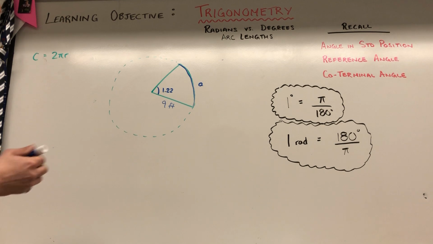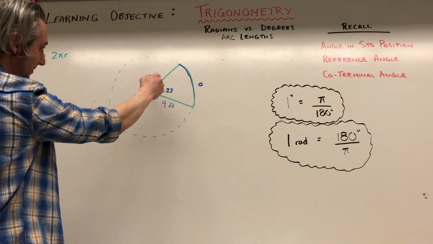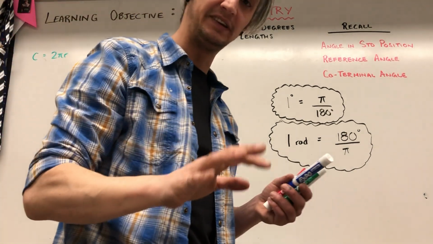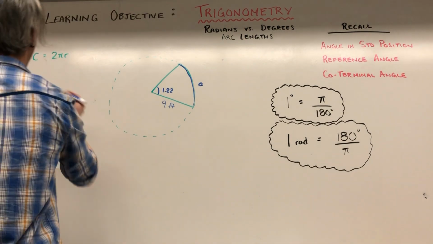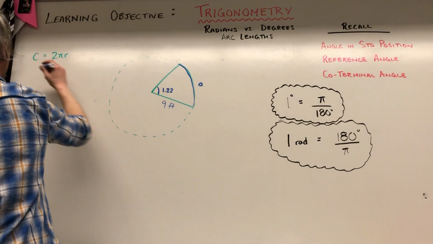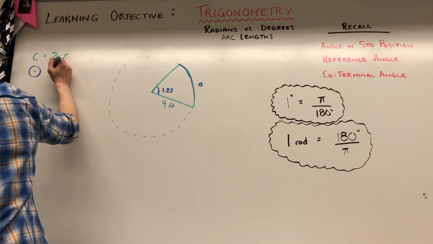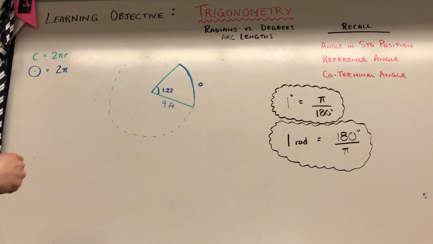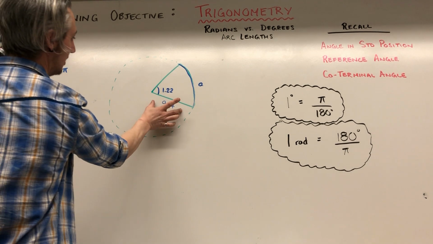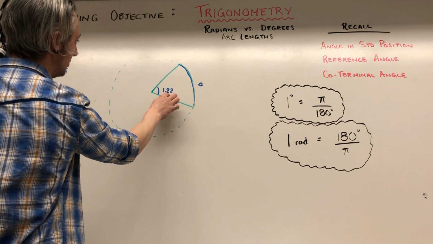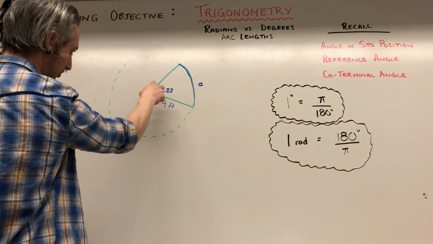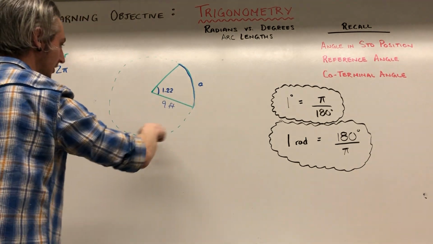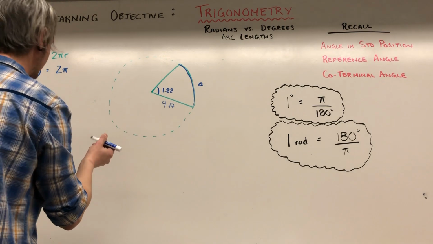And if I'm working in radians, an entire rotation is 360 degrees, or 2 pi. So we're going to use the ratio of my angle as a function of my full circle, and relate that to my arc length as a relation to my full arc length, because the ratios work.